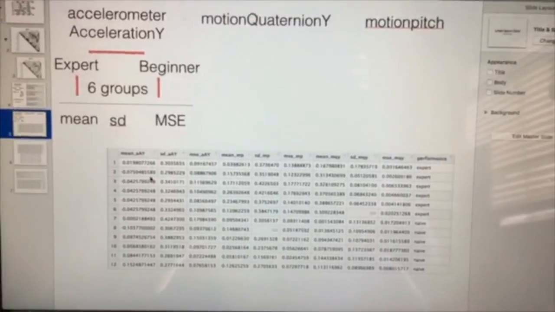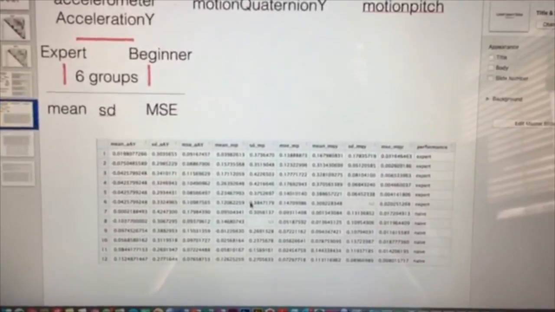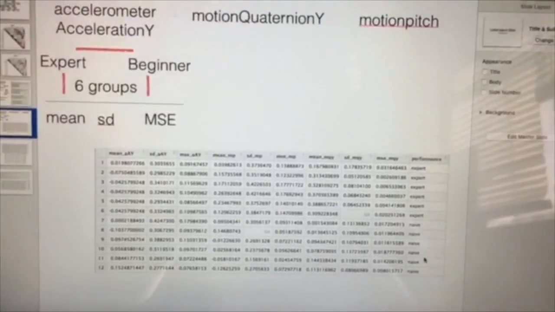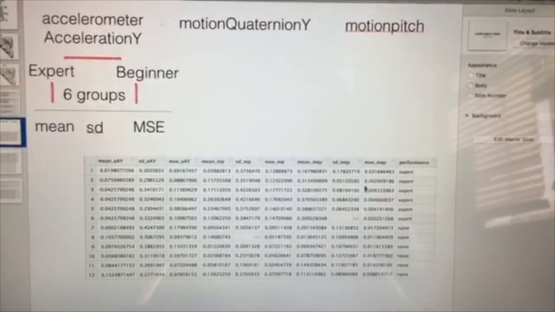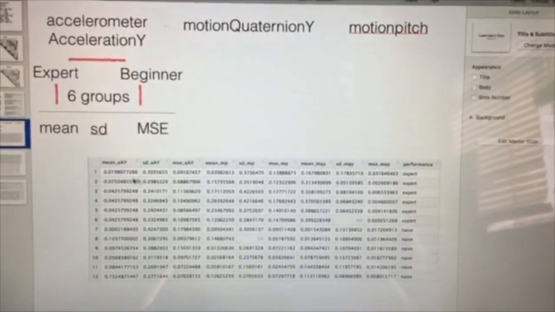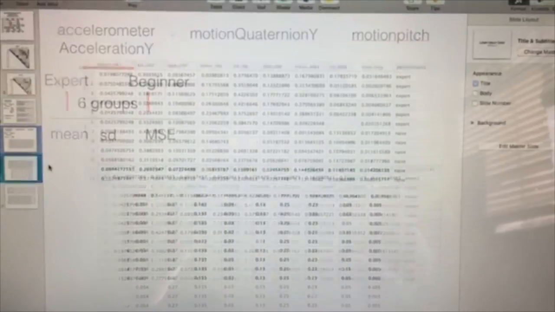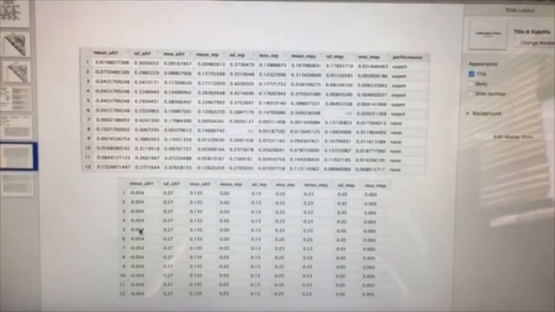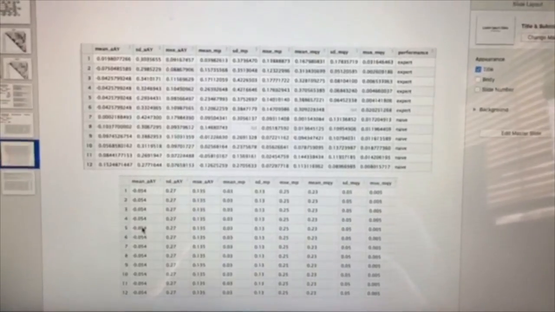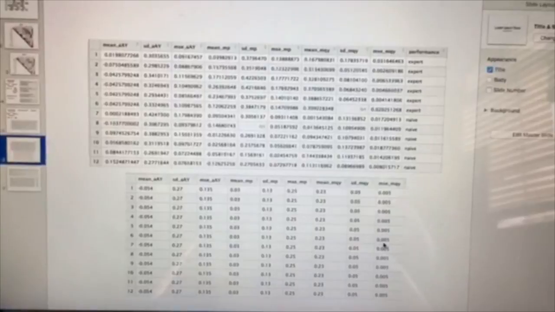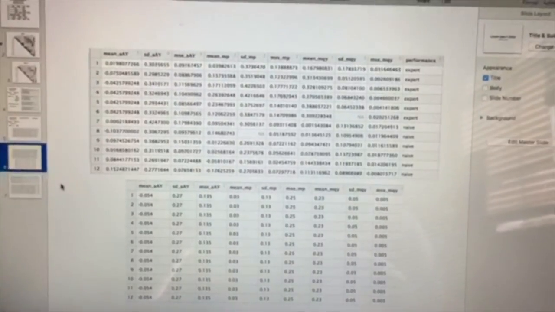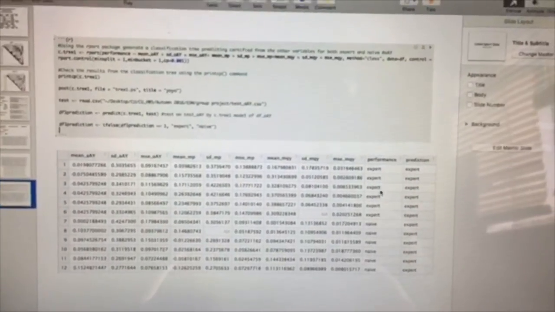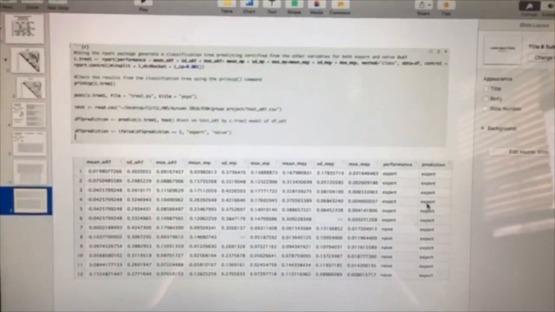Combined together in the final step, I have data sets with expert and beginner for 6 groups of data, and 9 indicators in total. By doing so, if I have a new person who performs on yo-yo, and he has such a data set as the output, then I can decide whether he or she is an expert. And by the result of this, this person is actually an expert.